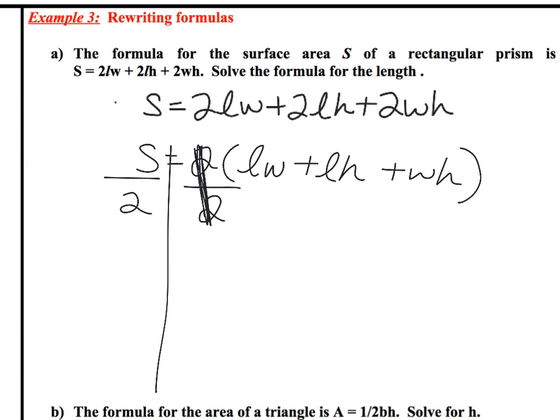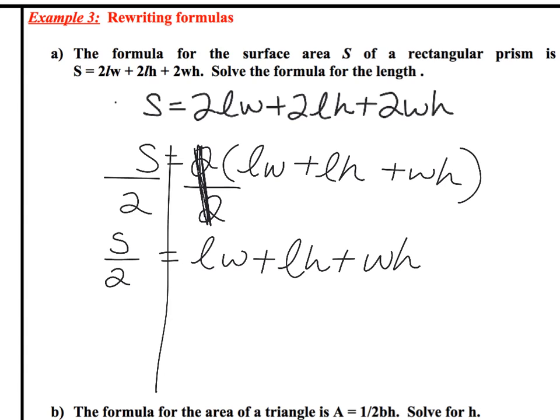So remaining we have S divided by 2 is equal to LW plus LH plus WH. Again, we are solving for L. Don't forget. So mark it if you're starting to forget, because there's so many variables that you're getting confused.